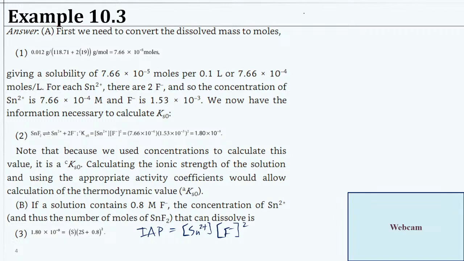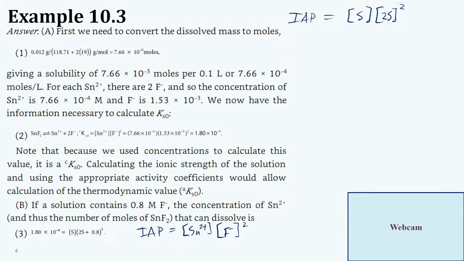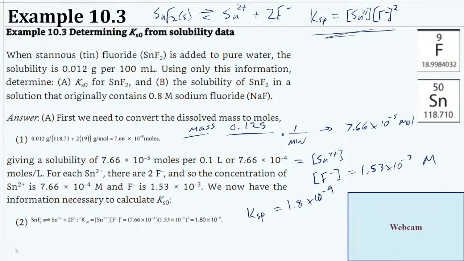So in this case, we can write the ion activity product as S, because that's what they do down here, times S squared, 2s squared, because there's twice as much fluoride. Okay, so that was what we looked at a minute ago. If we just simply say this guy is S, then the formula is S times 2s squared.